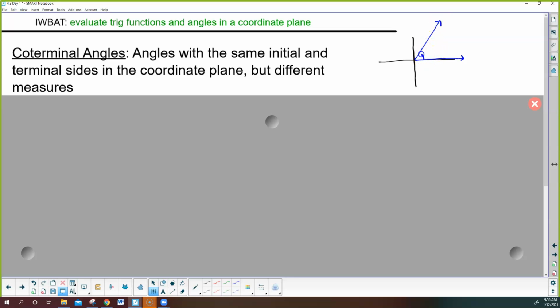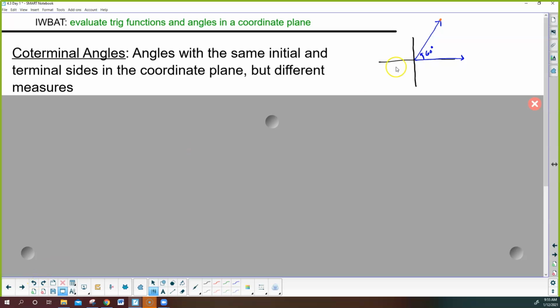Right? So I go up, and I know that's 60 degrees, which is the same as pi over 3. But this is the terminal side, right? It ends here. But what if I go all the way around the circle and then right back to where I started? Let me redraw that.